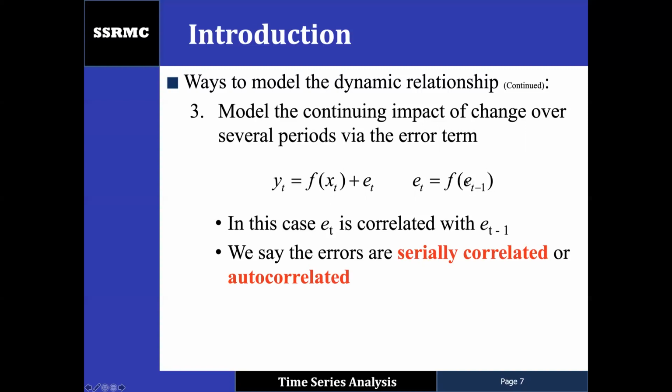In this way, you capture anything that is missing from the previous estimation. Also, if you model correctly, the relationship doesn't have to be linear. The residual term e_t is more flexible than the last two in certain circumstances. In this case, e_t is correlated with e_{t-1}, so we will see that these errors are serially correlated, or autocorrelated. We're going to introduce techniques to estimate this type of model as well.